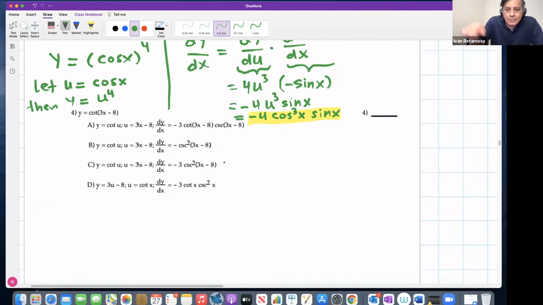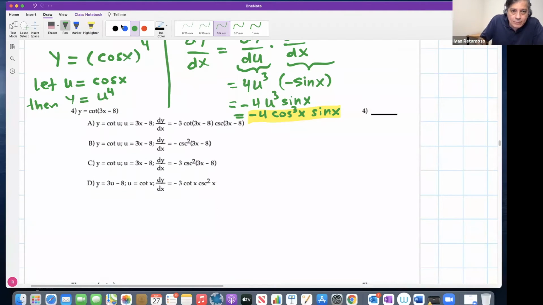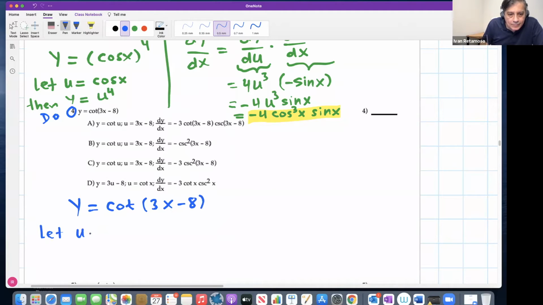Try to do this and then we will move on to the second form of the chain rule, okay? Let's try to do this, guys. y equals cotangent of 3x minus 8. And as a hint, again, let u be the inside function, 3x minus 8. And if that is u, then y can be written as cotangent of u.